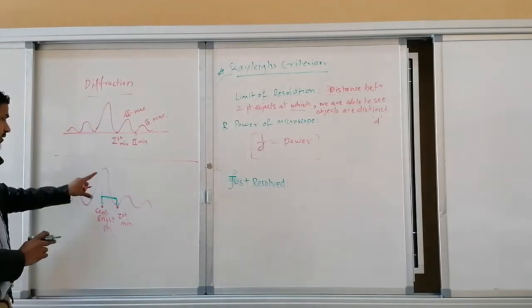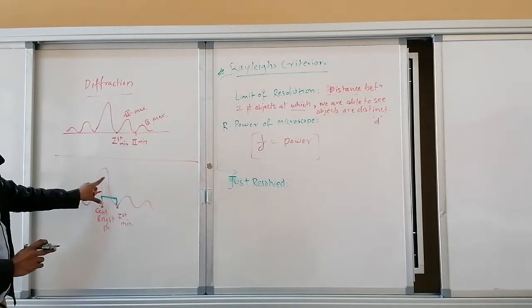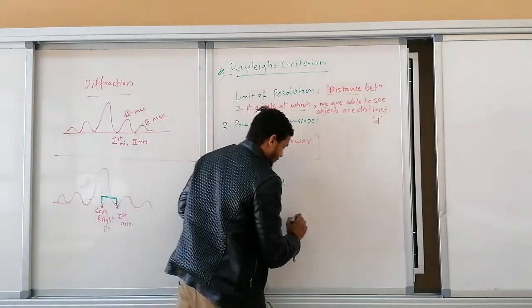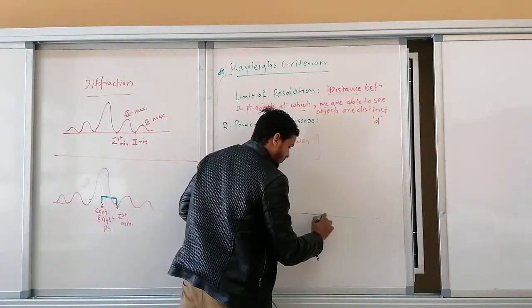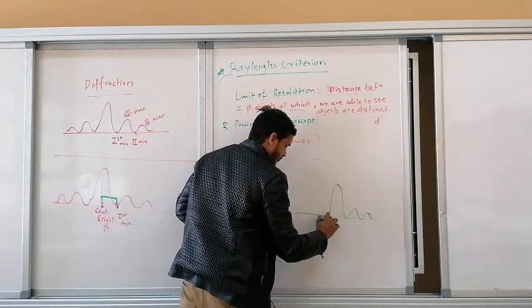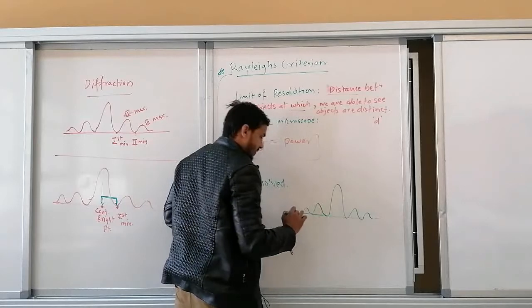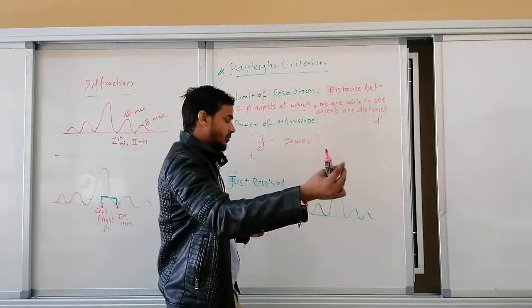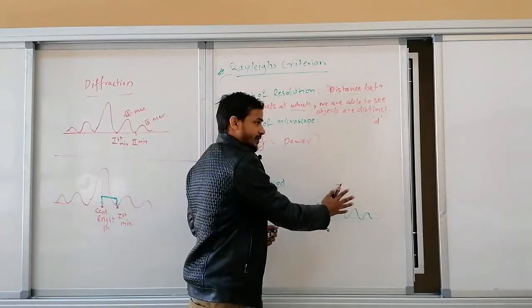For example, this is the graph for the first point object. So let me draw. This is the graph for the first point object. There is a second point object, and diffraction takes place.